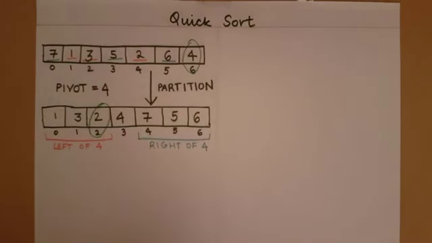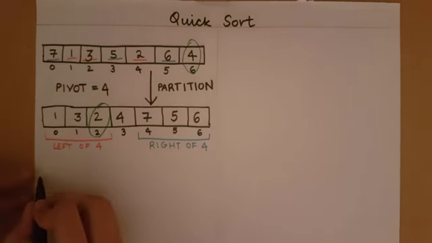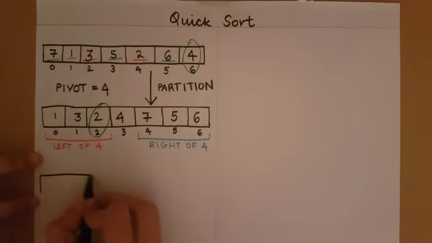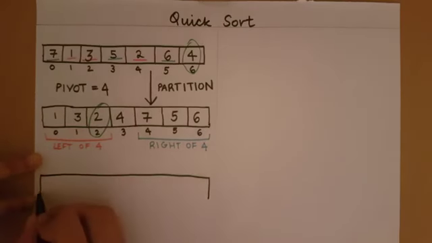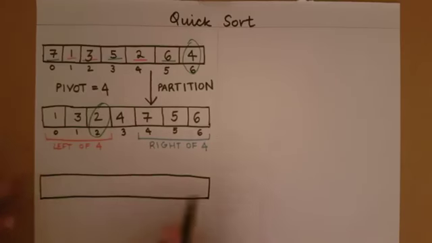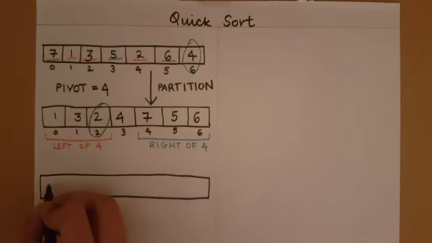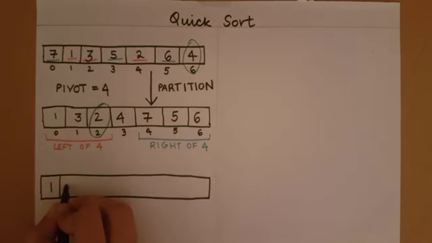On applying the partition algorithm to just the left of 4, all elements which are less than 2 will appear to its left, and those elements which are to the right of 2 will be greater than 2. So within this left of 4 array, 1 which is less than 2 will appear to its left. We will have the pivot which is 2 itself, and we will have 3 which is greater than 2 to its right.